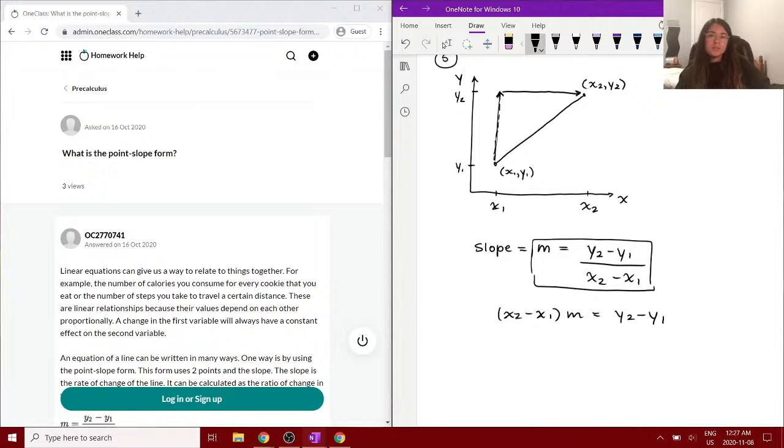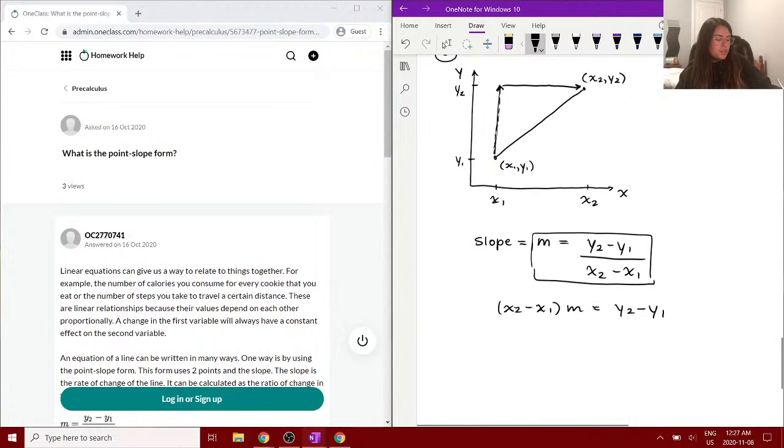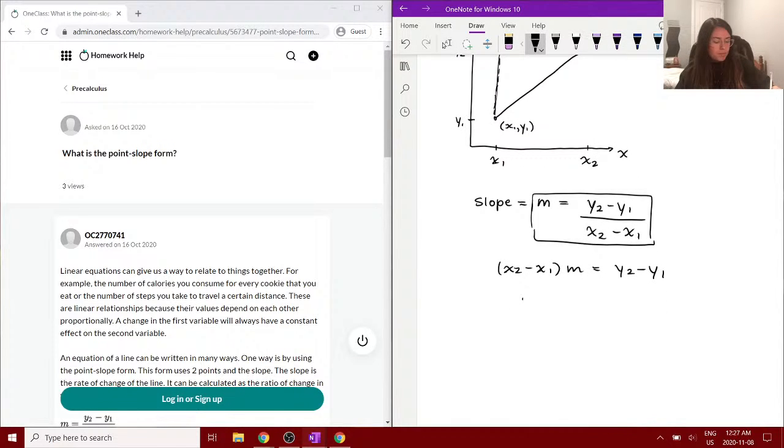Sometimes you could generalize this, so I'm just going to write it in general: x minus x naught, where x naught is the initial x.